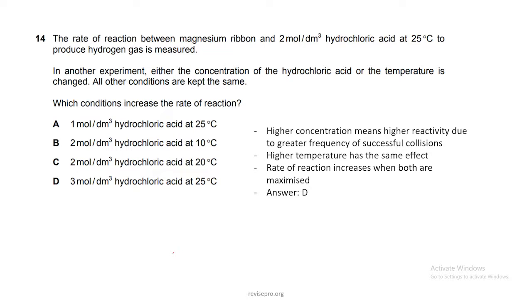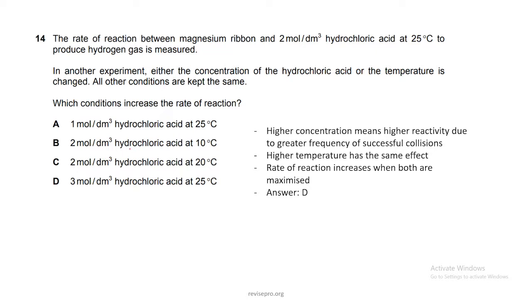Which conditions increase the rate of reaction? Now you know that when you react anything with a more concentrated reactant, the reaction will move at a much faster rate because the frequency of successful collisions increases. So you need to maximize the concentration of the hydrochloric acid.